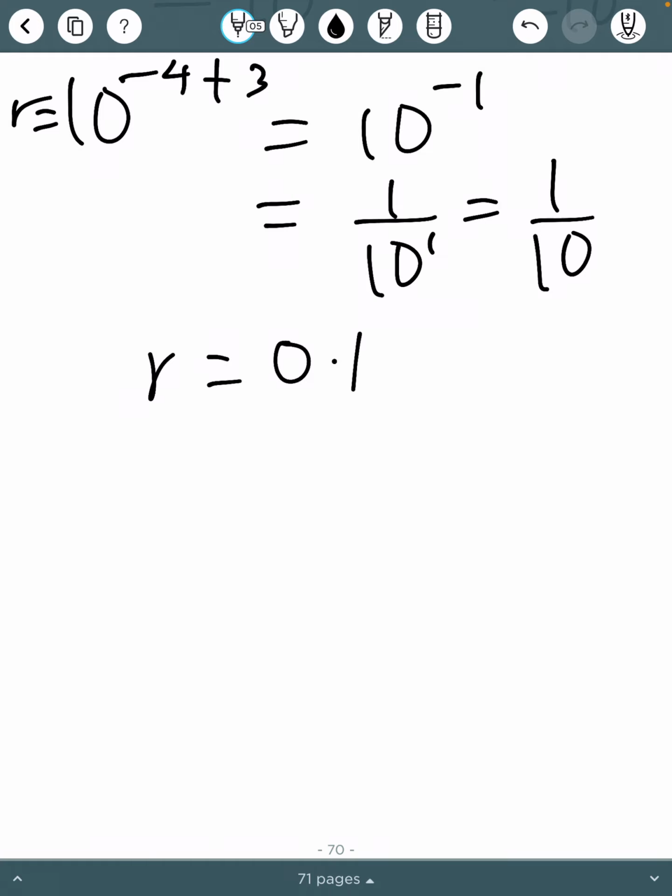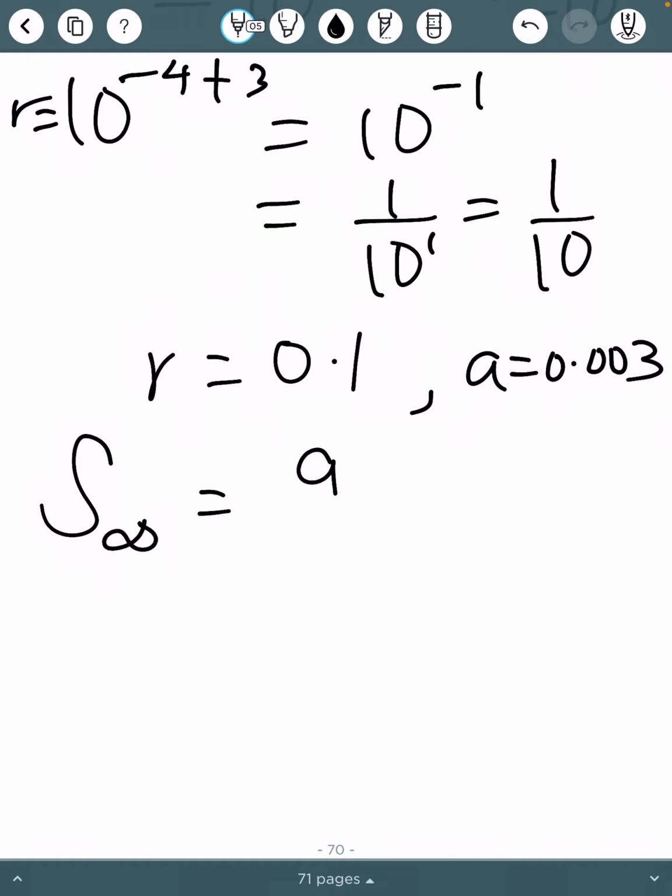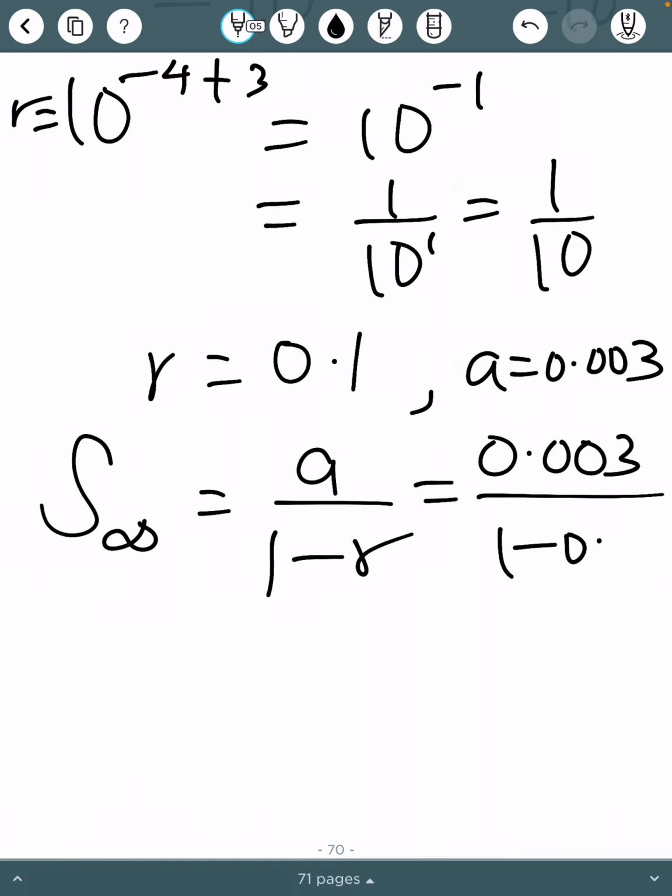Now, if my common ratio is 0.1, my sum to infinity, don't forget that my A is 0.003. So my sum to infinity will be equal to A over 1 minus R. That will give me 0.003 over 1 minus 0.1.